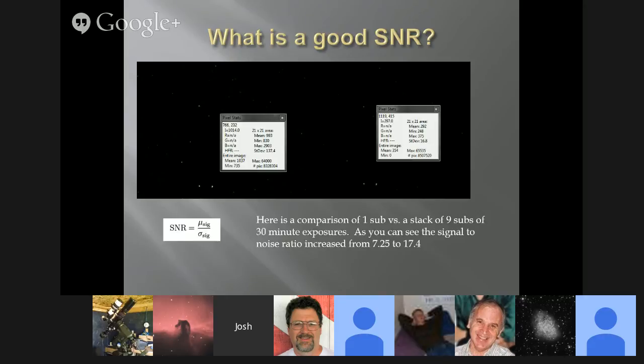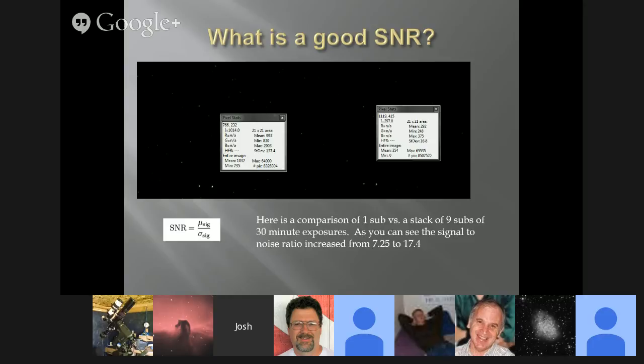As with everything in our hobby, it is very subjective, and it's what you want to get out of it. However, I think there is sort of a minimum. We go through looking at everybody's pictures on the sites, and especially when you're looking at people who are trying to do narrowband imaging and they're first starting, and maybe they have a mount that's a little tough to get long exposures out of, and then they start processing their data.